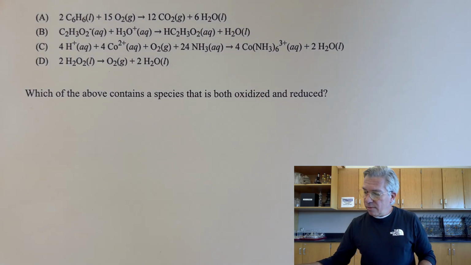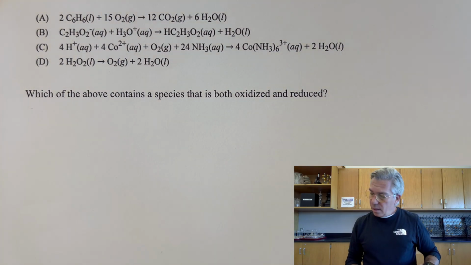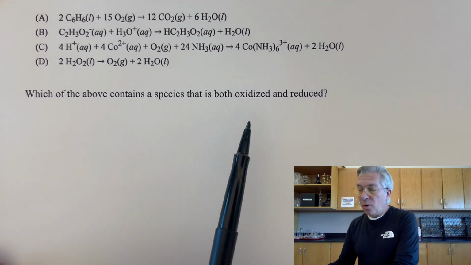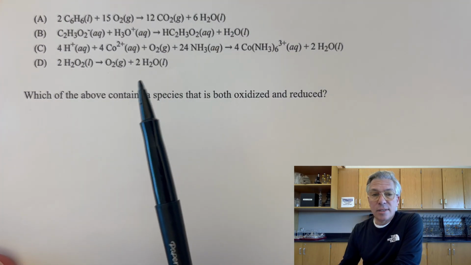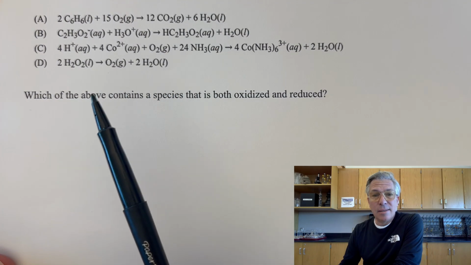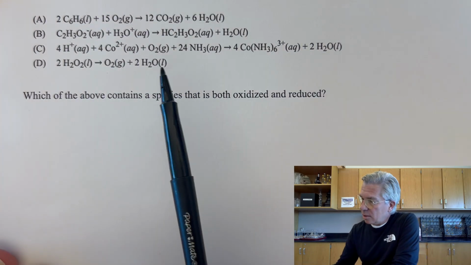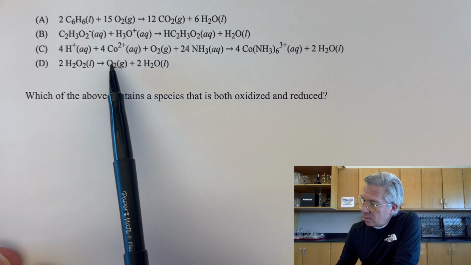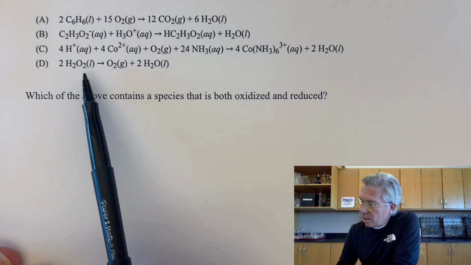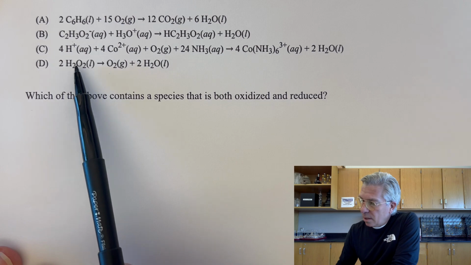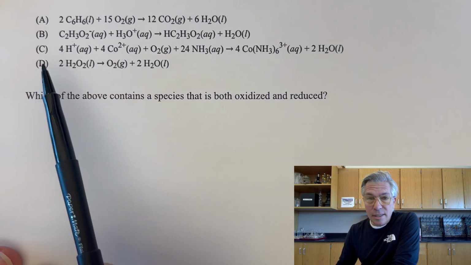All right, which of the following, this is a trickier one, contains a species that is both oxidized and reduced? Sometimes the same element can, on one hand, give away some electrons, and on the other pick up some electrons as well. So we're looking for something in which the same element is oxidized and reduced. It turns out to be D, and here's why.